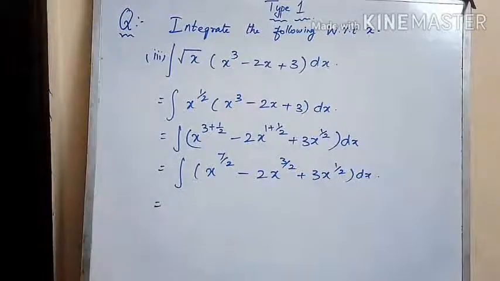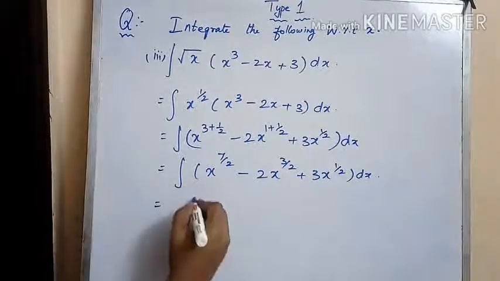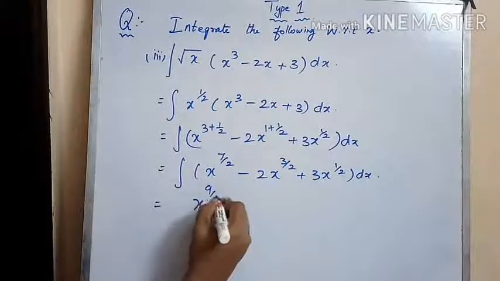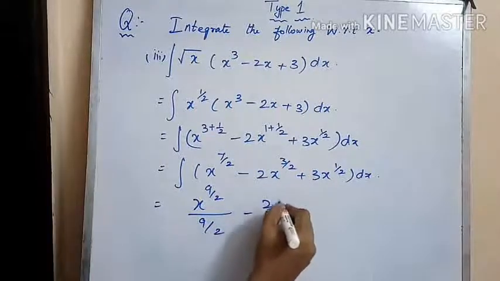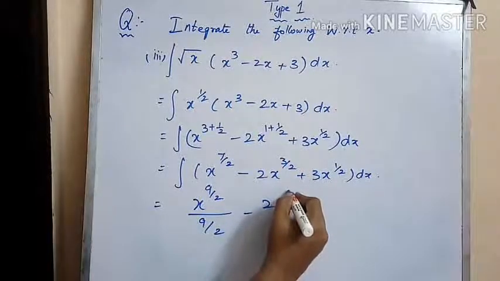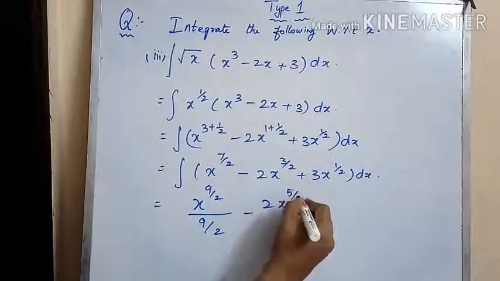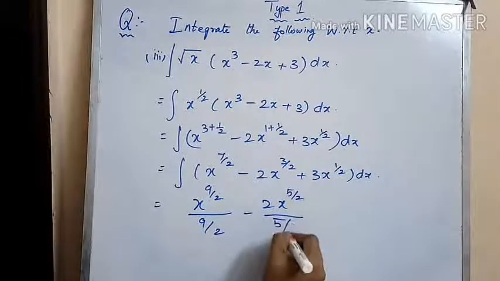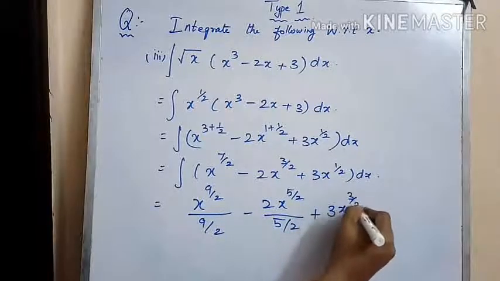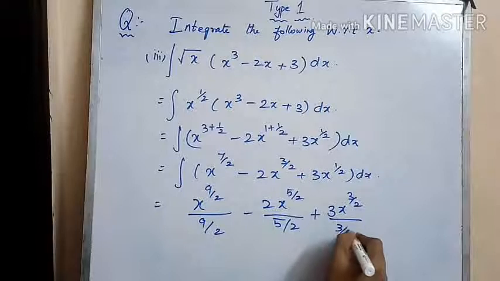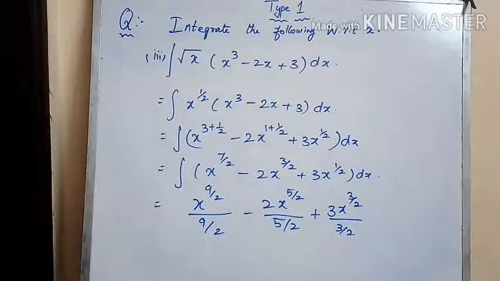Now integrating separately, we get x to the power of 9 by 2 by 9 by 2 minus 2 into x to the power of 5 by 2 by 5 by 2 plus 3 into x to the power of 3 by 2 by 3 by 2 plus c.